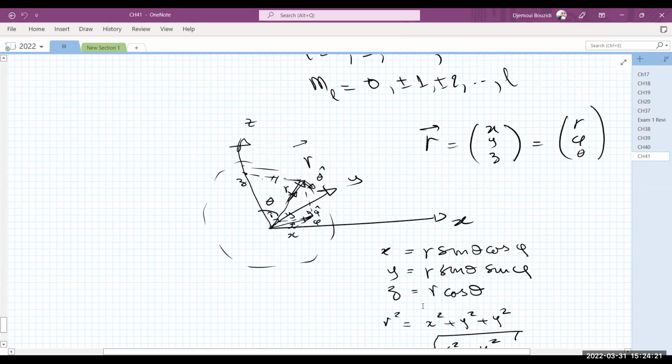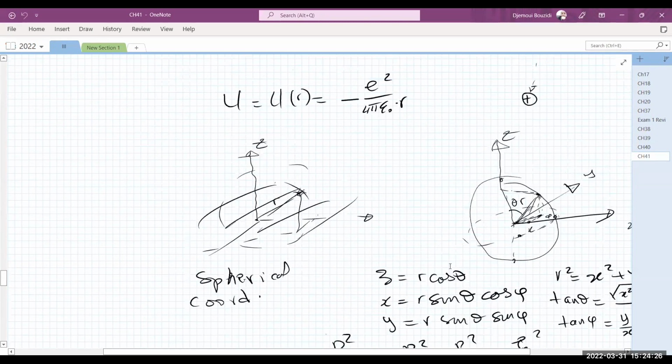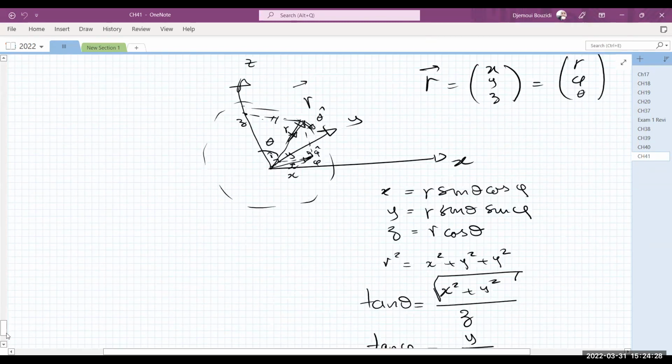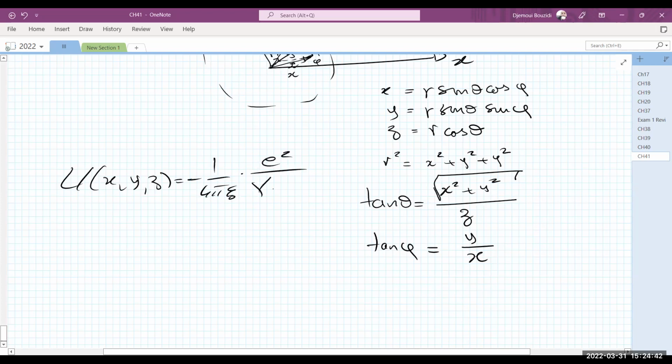Having said that, then we can get rid of this representation of the potential. It's way up, so I'm going to rewrite it. The potential looks like, I'm going to write it as U of x, y, and z instead, which is really negative 1 over 4 pi epsilon naught times e squared over the square root of x squared plus y squared plus z squared, which is just r from this relationship.